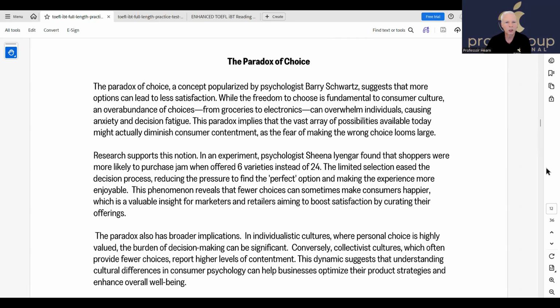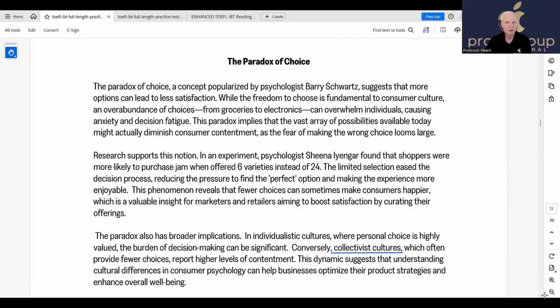We're looking for a word that begins with the letters C-O-L. By scanning, I find those words here. And now that I've found what I'm looking for, I'm going to read the sentence. It says, "Conversely, collectivist cultures, which often provide fewer choices, report higher levels of contentment."